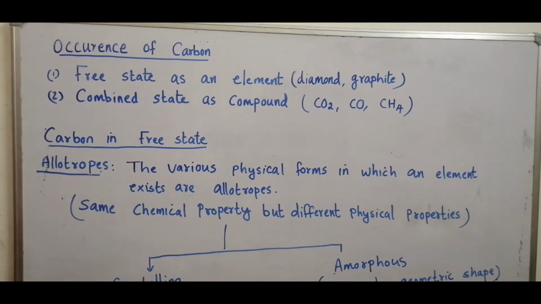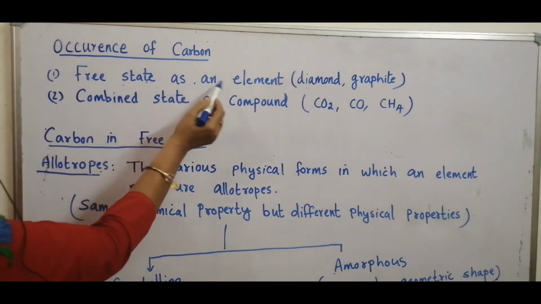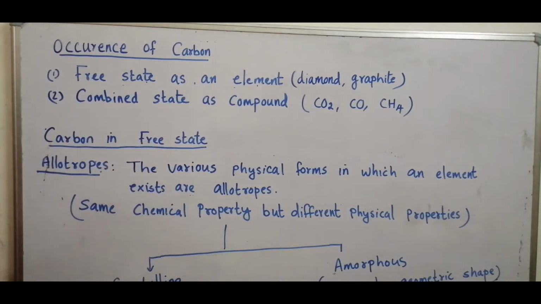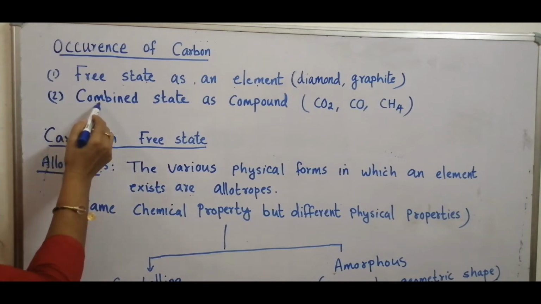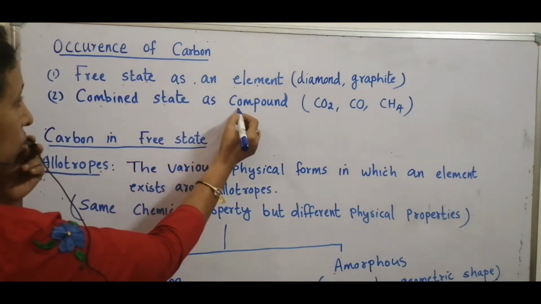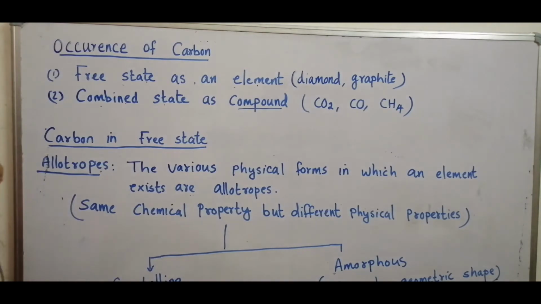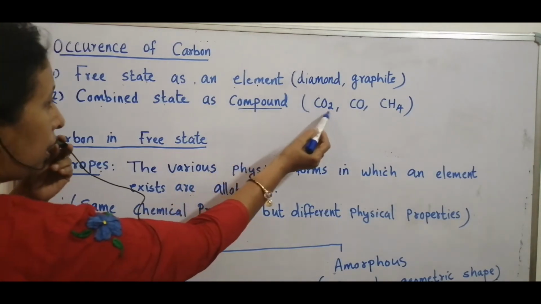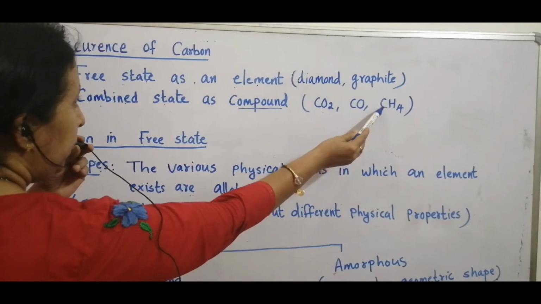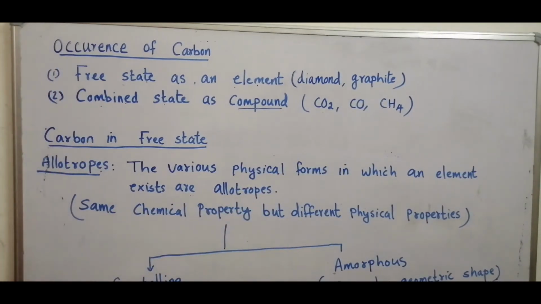Carbon can exist in the free state as an element, for example diamond and graphite, and also in the combined state as compounds. For example, carbon dioxide, carbon monoxide, and methane. Carbon in the free state exhibits allotropy. Allotropes are the different forms of carbon, the different physical forms of carbon.